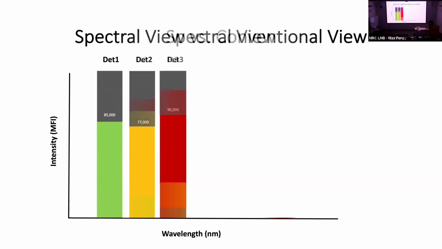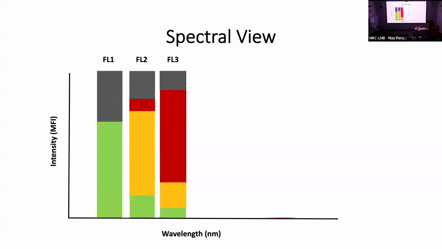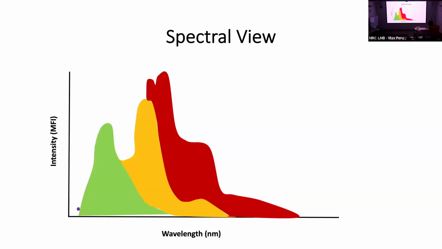In terms of the spectral view of things, you still have the same problem, but instead of looking at just slices of light in the peak emission profile, you're getting a summation of all of those peaks together across the visible wavelengths. And so ultimately you get this full spectral view.